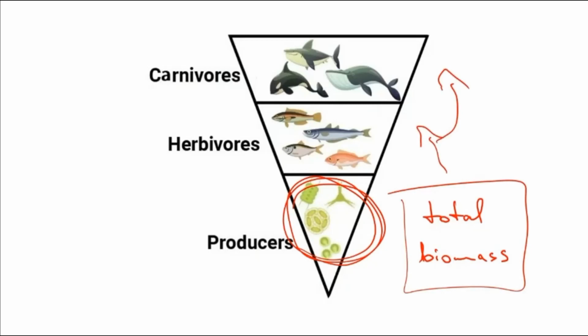You'd think, oh wait, that's not enough producers to support all the herbivores, and that's not enough herbivores to support all the carnivores. But because we have shorter lifespans and a more rapid turnover, it actually does work out. So it's quite a unique feature of marine ecosystems that the food pyramid is flipped upside down. We talk about an inverted food pyramid in a lot of marine ecosystems.